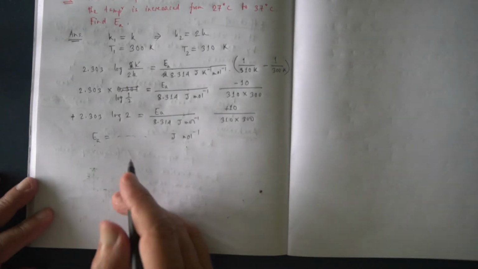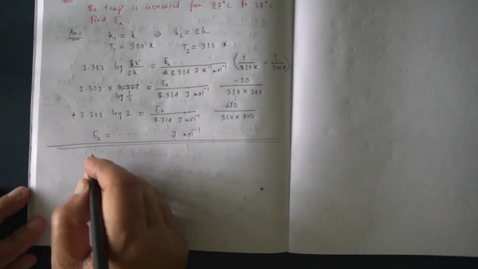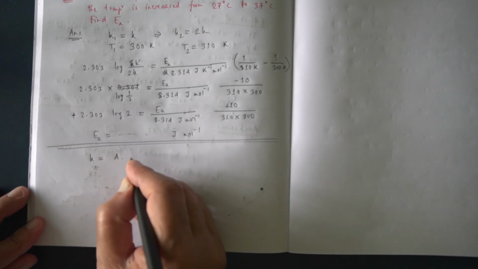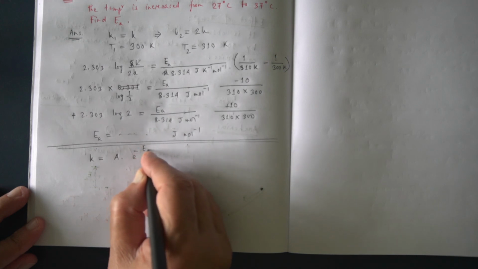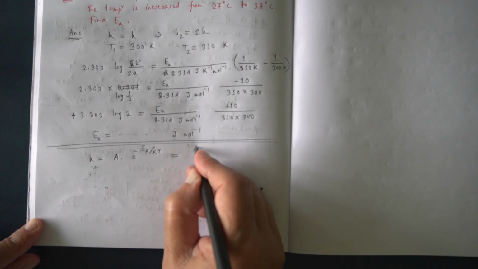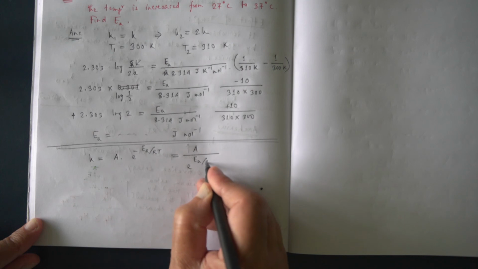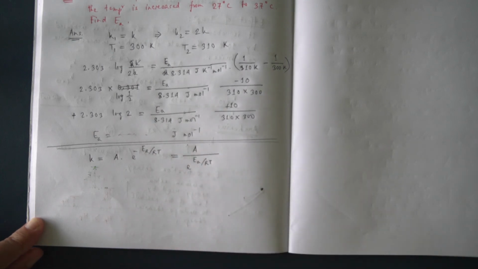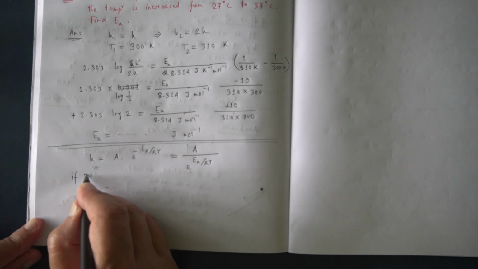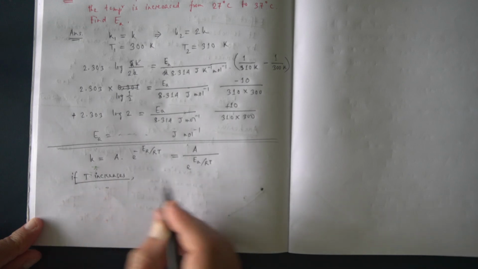Now from Arrhenius equation, what is Arrhenius equation? Arrhenius equation is this: k equals A e to the power minus EA by RT. I can write it like this: e to the power EA by RT. Now here you see, if temperature increases, if T increases, what happens?